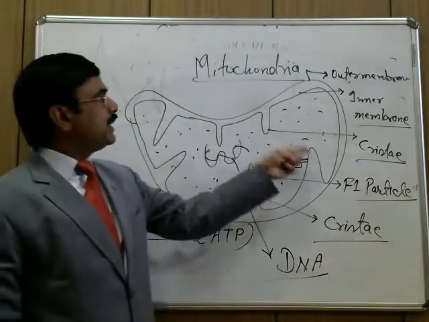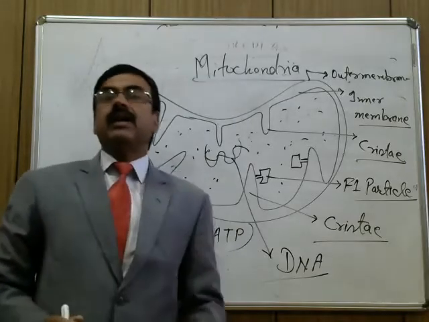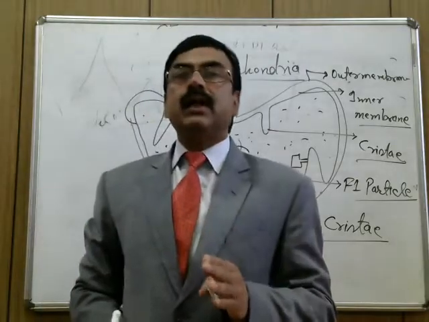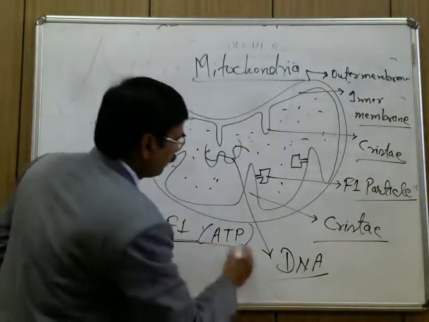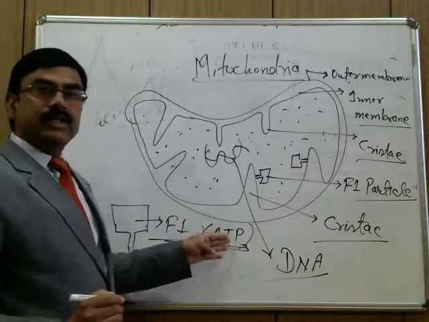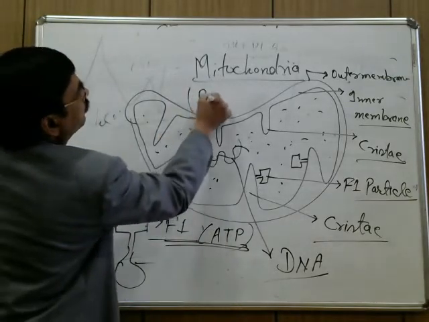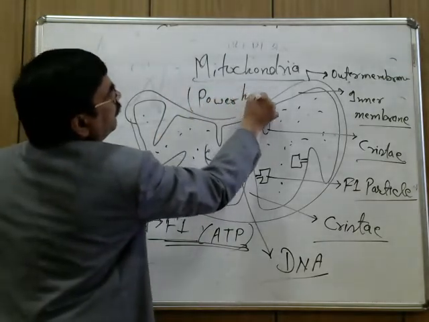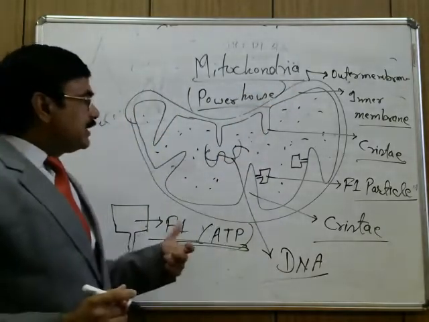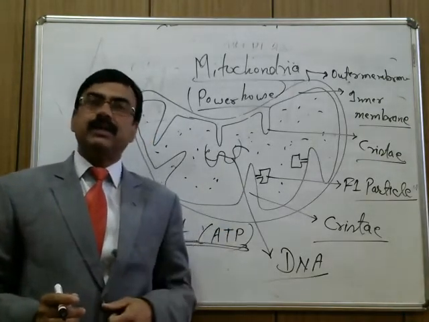These finger-like projections are called cristae, which contain F1 particles, and F1 particles produce the ATP, and this is known as energy currency, and that is why the mitochondria is known as the powerhouse of the cell.